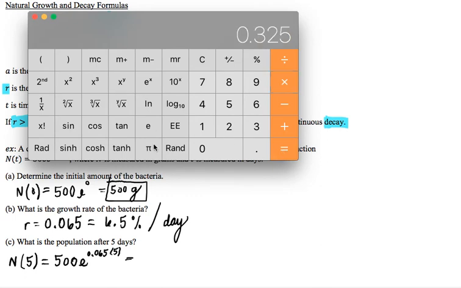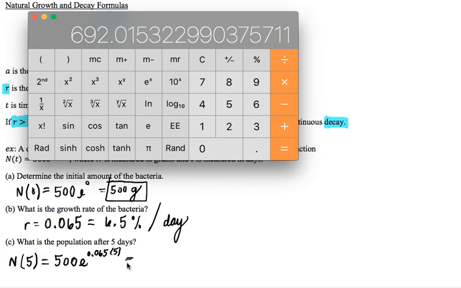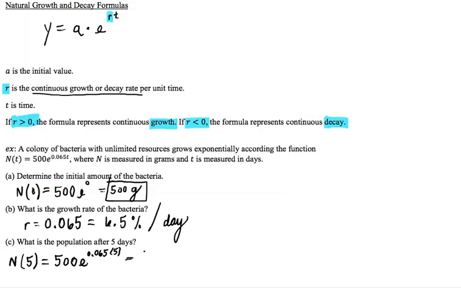That's the exponent on e, so e to the 0.325, hold on, there we go, I hit the wrong button. So 0.065 times 5 is 0.325. Then we're going to hit the e to the x button. There we go. So e to the 0.325 would be 1.384. Now I'm going to multiply that times 500. And we get 692.015.